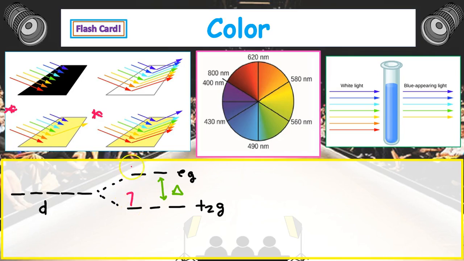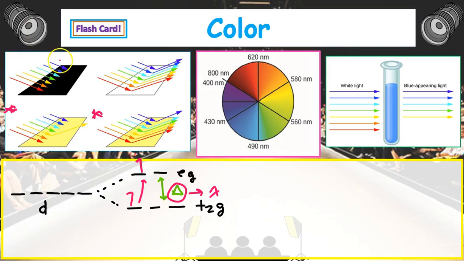If we have an electron here, it's going to be promoted to a higher energy level, and that splitting energy allows certain wavelengths to be absorbed. Whatever wavelength is not absorbed is usually transmitted or reflected in solution to us, meaning what we can see with our eyes. So I just want to get into some different ways we see color, so that we're super clear on how color is influenced in these complex ions.